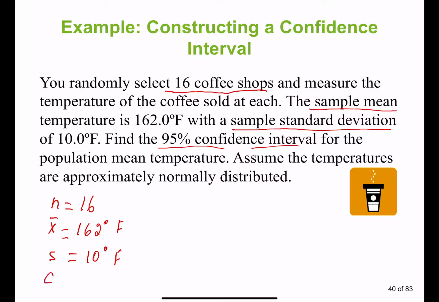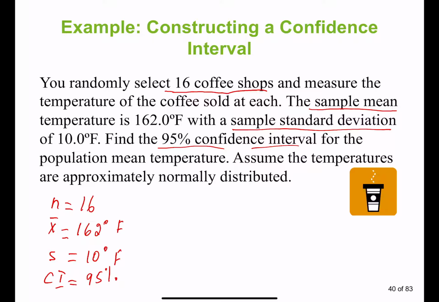So our confidence level is 95% for the population mean temperature. So we need to find the confidence interval, how wide that interval will be. It's given as 95%, but we need to convert this percentage into a value.